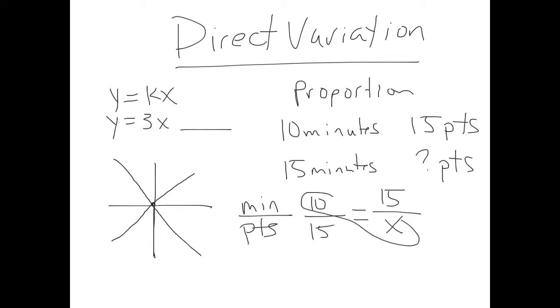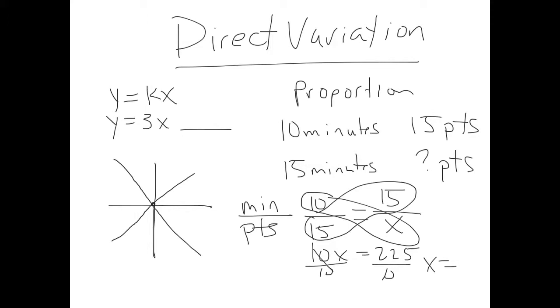We cross multiply. 10 times x is 10x. 15 times 15 is 225. And then when it's beside it, we divide, so I divide both sides by 10. And x equals 22.5.